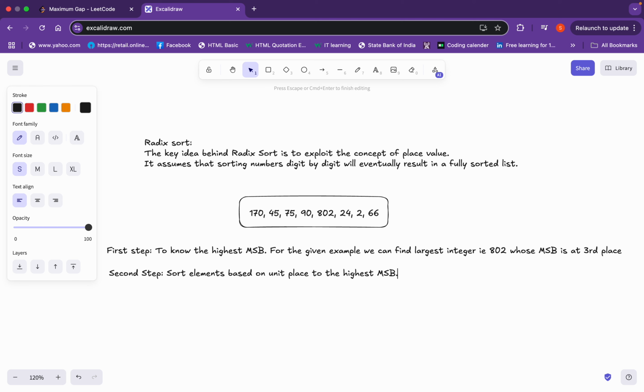And which technique will we use? We can use any sorting algorithm, but we should use the algorithm that easily fits this approach and yields the least time complexity, and it's actually counting sort.